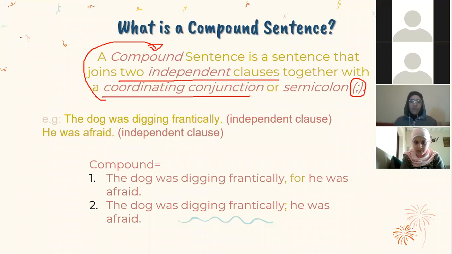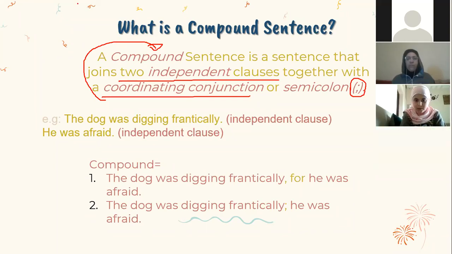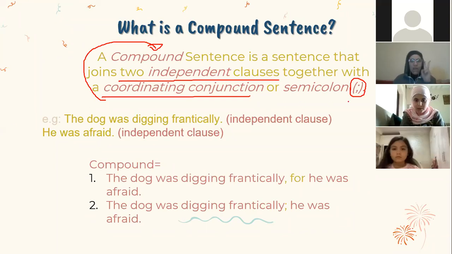When I say two independent clauses, I mean that I will find in the complete sentence two subjects, two predicates, and two ideas. So guys, I have two subjects, two verbs, and two complete ideas. Now, is it clear?